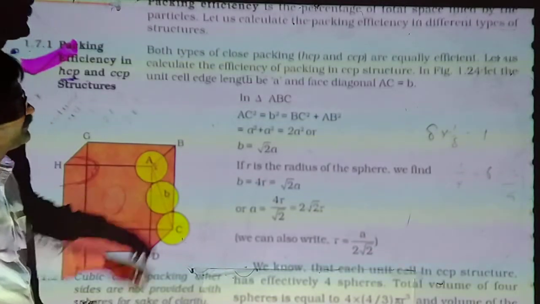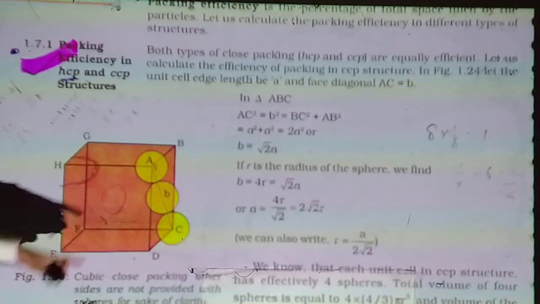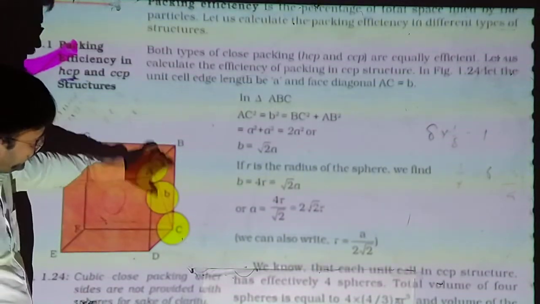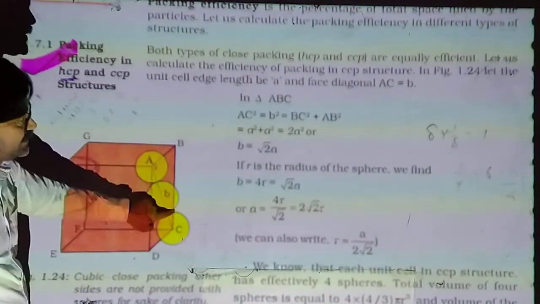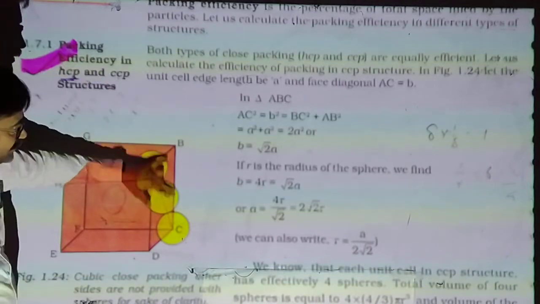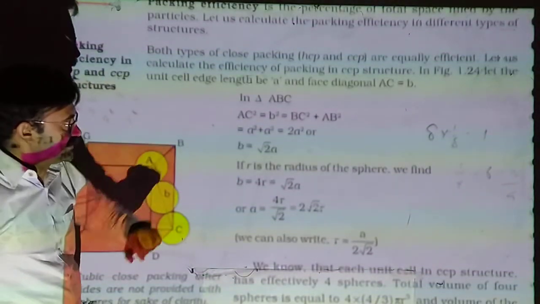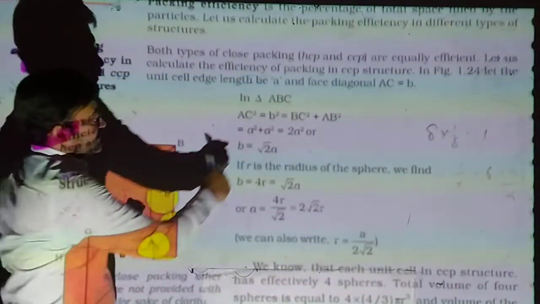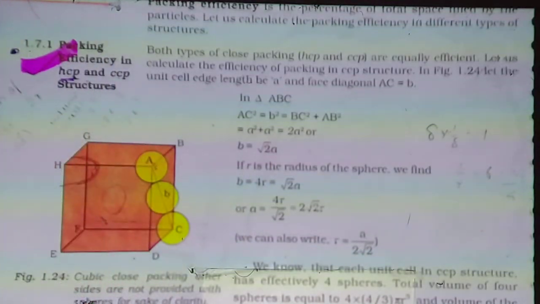This one is the b diagonal. In triangle ABC, angle B is 90, so AC square is equal to AB square plus BC square. So a square plus a square gives 2a square is equal to b square. So b is equal to under root 2a.